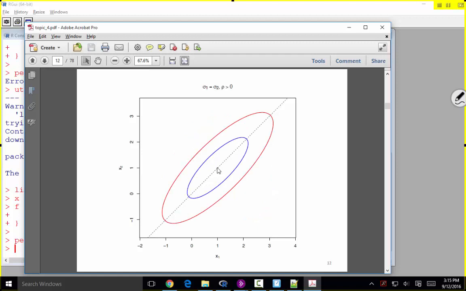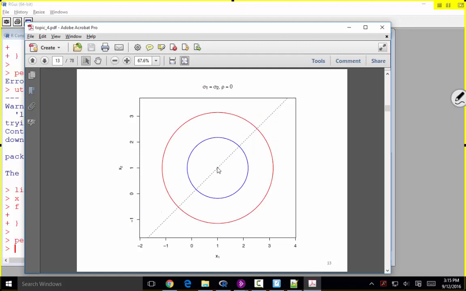Here's equal variances between x1 and x2. Both have the same variance, and they are positively correlated. If you had bivariate data and you drew a scatter plot and it looked like this, you would have evidence of positive correlation and equal variance.